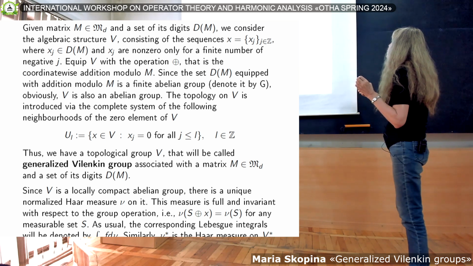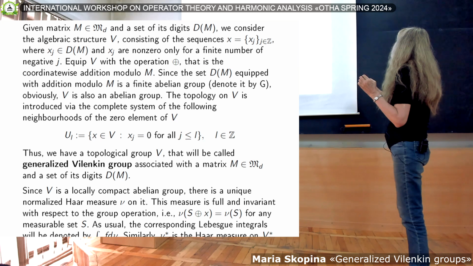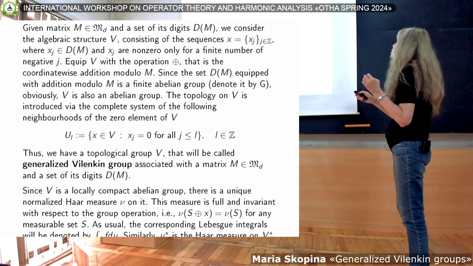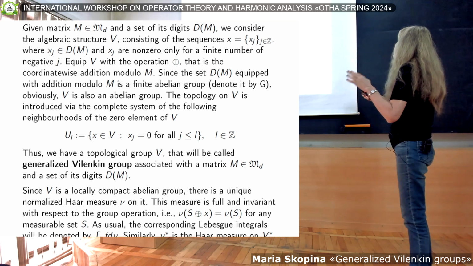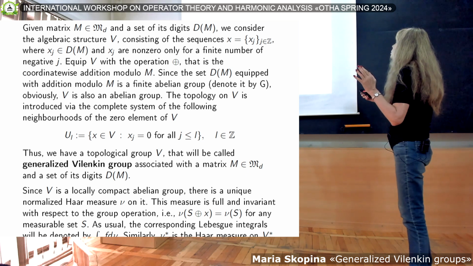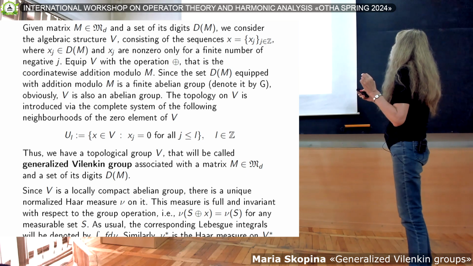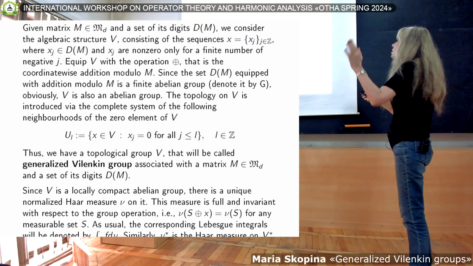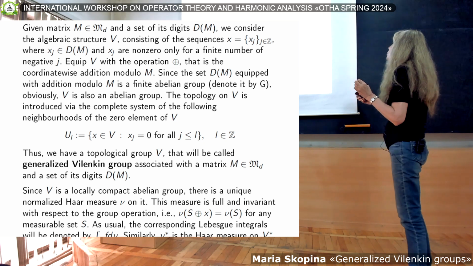It consists of the sequences x, xj, where xj are digits of the matrix M, where the set of digits is fixed, chosen, and xj are non-zero only for a finite number of negative j. Similar to classical Vilenkin groups.